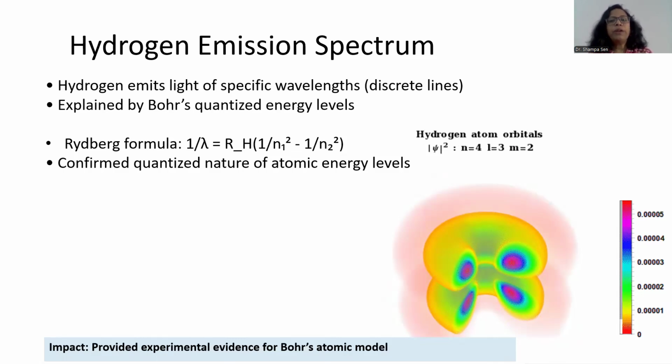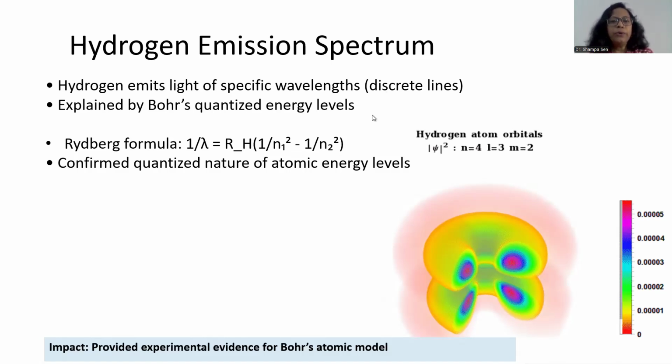The formula is 1 by lambda equal to Rydberg constant multiplied by 1 by n1 square minus 1 by n2 square, where n1 and n2 are different energy levels. From 1 to 2, the electron is jumping. This confirmed the quantized nature of atomic energy levels.